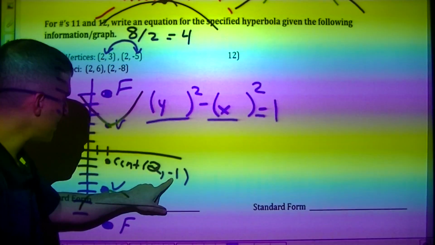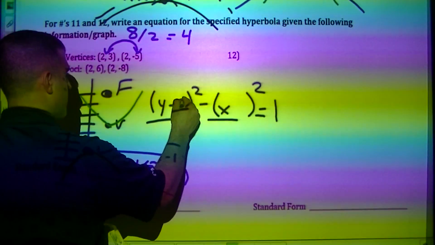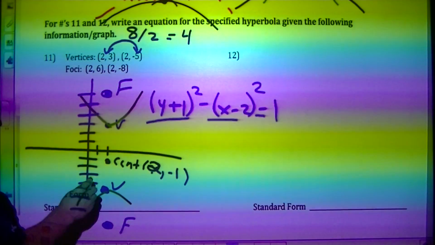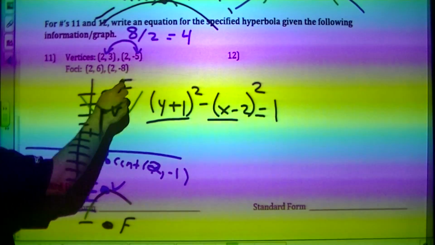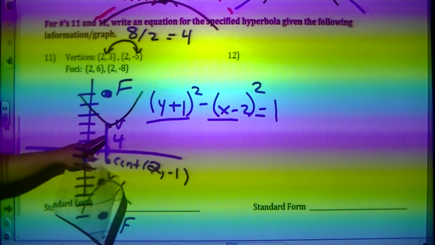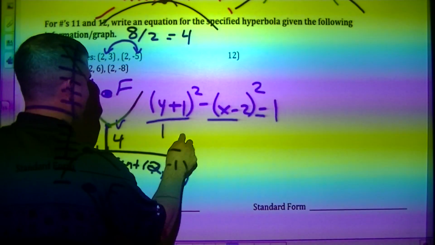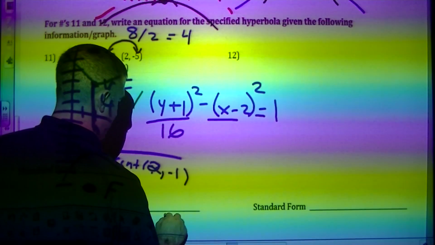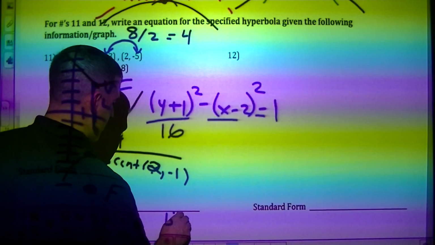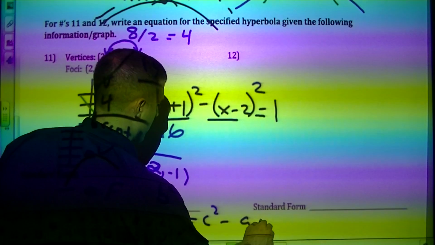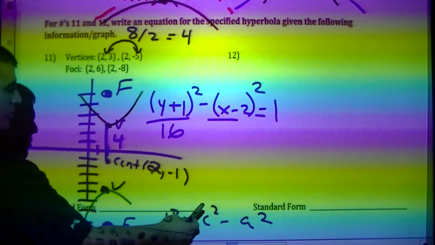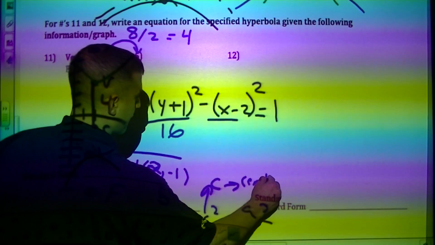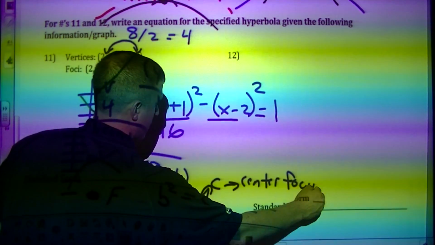Now I have to be careful. That's y, opposite would be positive 1. That's x, that's going to be -2. The amount I just found was 4, so that's going to go underneath as 16, because that's the y direction. Now you get this formula: b squared equals c squared minus a squared. c is the center to the focus, either one.